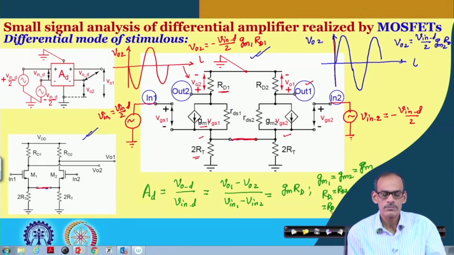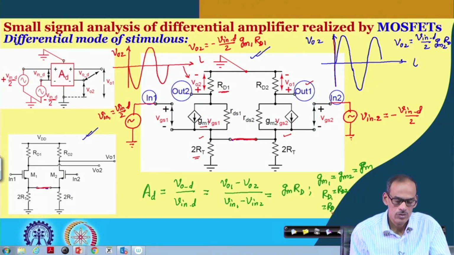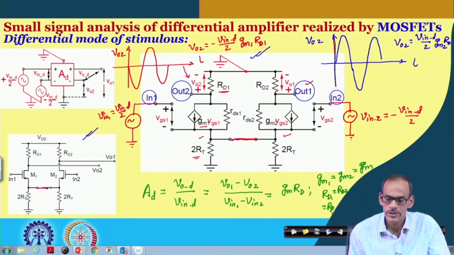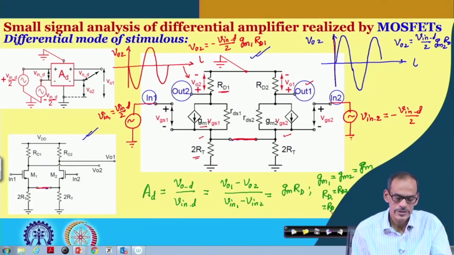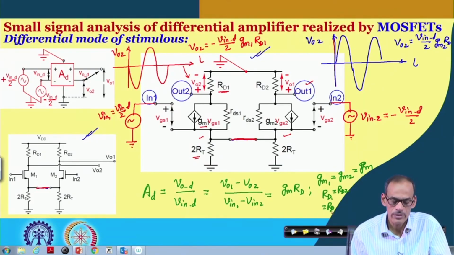In fact, a lot of common things are there across these two differential amplifiers, so we can use the same concept in this differential amplifier to understand. That is why I did not go into detail on this circuit.